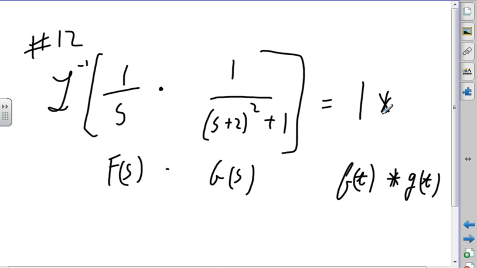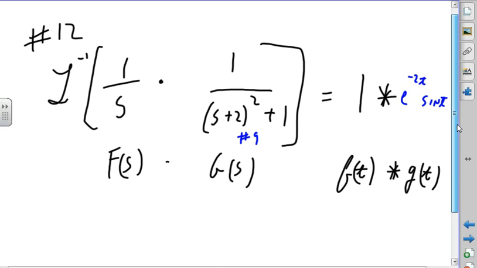And then convoluted with 1 over (s minus (minus 2)) squared plus 1. So that's going to be number 9. Look at number 9. That's going to be e to the at, which would be e to the minus 2t sine t.